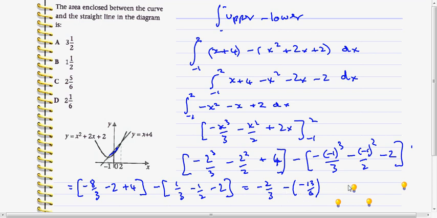We've got this minus to deal with here, which will turn it into plus 13 over 6. So we've now got minus 2/3 plus 13 over 6. The minus 2/3 in 6 is now minus 4, plus 13, all over 6, which gives us 9 over 6. So it's 3 over 2, or 1.5. So in this question, the answer is B, 1.5.